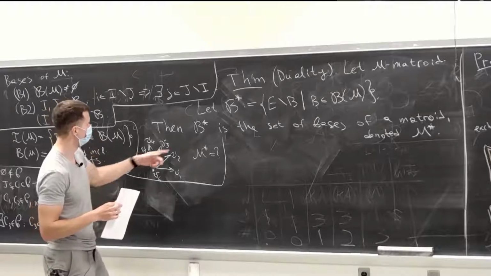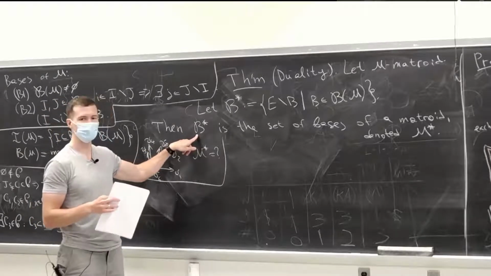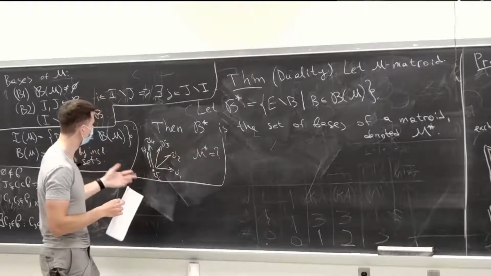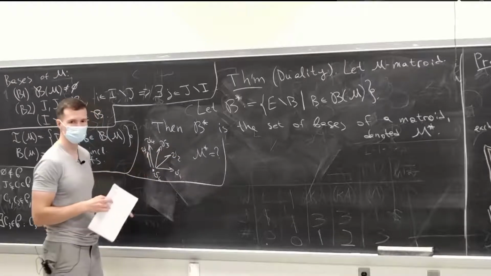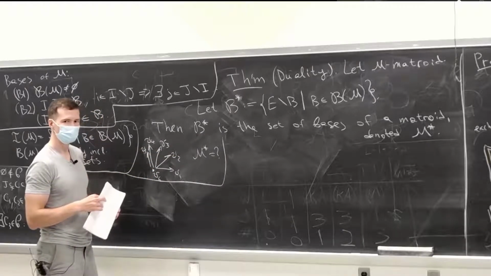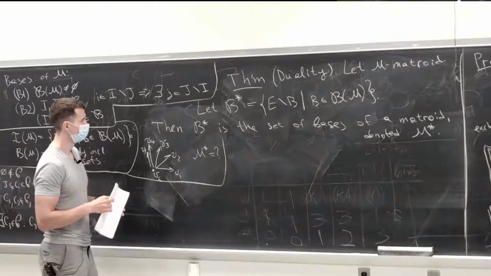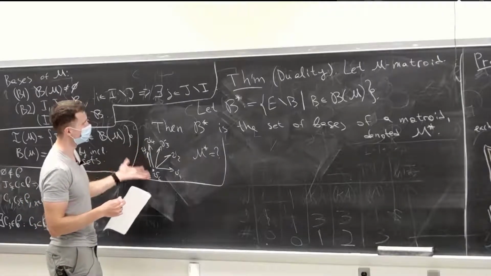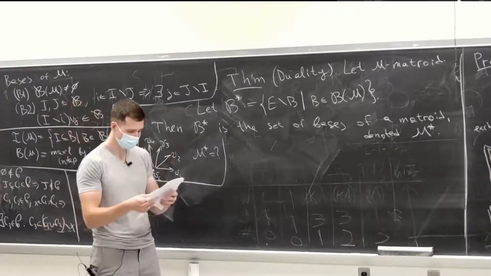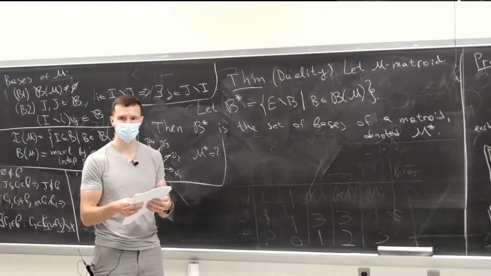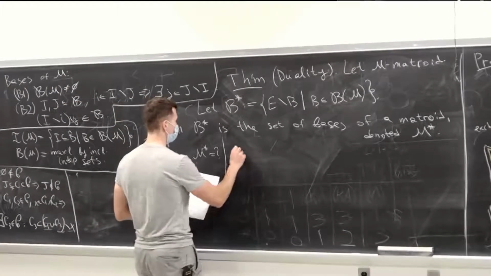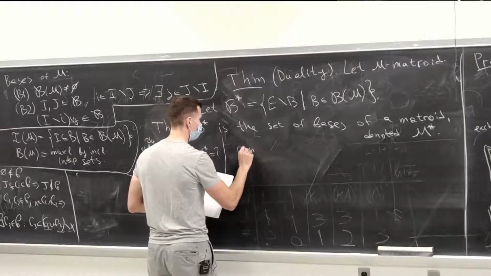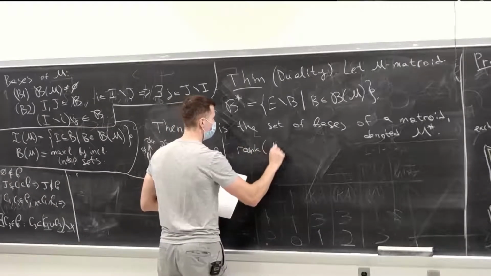So the claim is that it's a set of bases of some matroid. So there exists a matroid where 3, 4, 5, 6 is a basis. In particular, did you define the rank of a matroid? Okay. So what is the rank of the dual matroid?